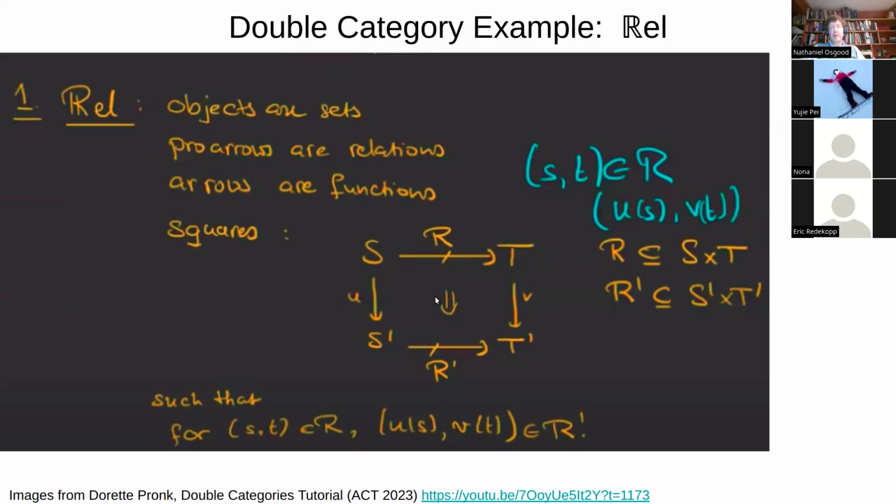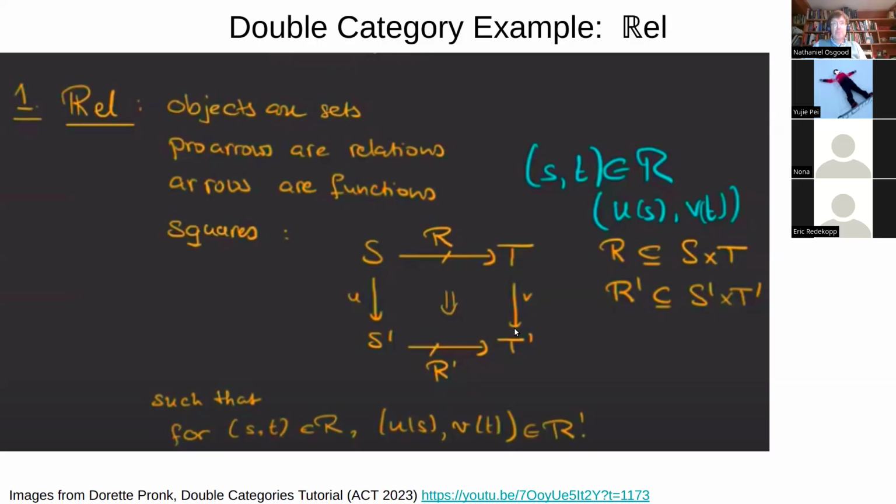Then there's a square like this. That's kind of compatible, right? They're compatible relations. They're basically almost, I think, homomorphic, although I could be criticized for that. But from this you can get this using U and V.